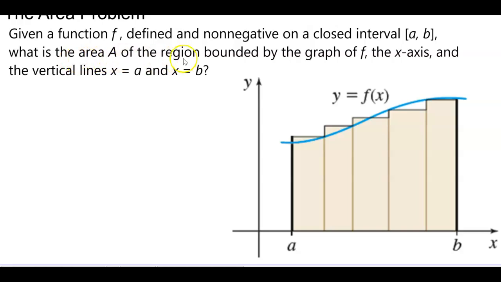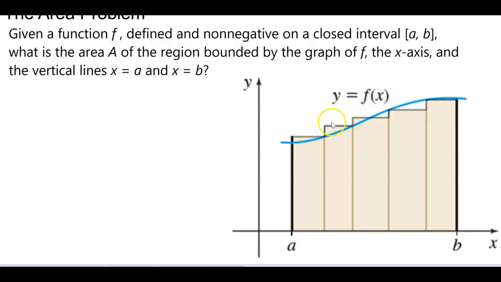What is the area of the region bounded by the graph of f, the x-axis, and then the vertical lines a and b? Same thing we just did, except this is not a friendly trapezoid, and we can't calculate this area using regular geometry.